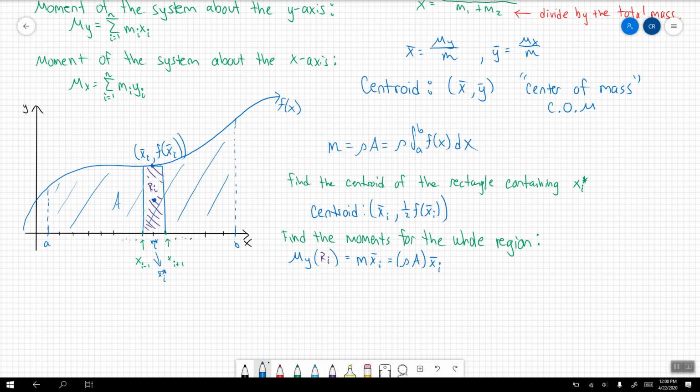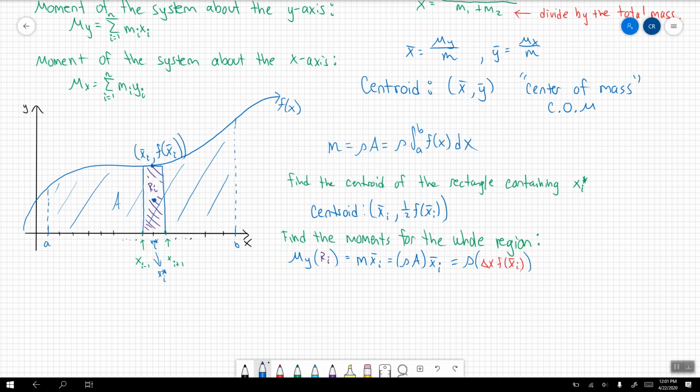Now we can further break this down. Rho is just some constant, but then we need to figure out the area of this specific region. The area is going to be this piece, which is delta x, multiplied by its height, and the height is just f of x bar sub i.